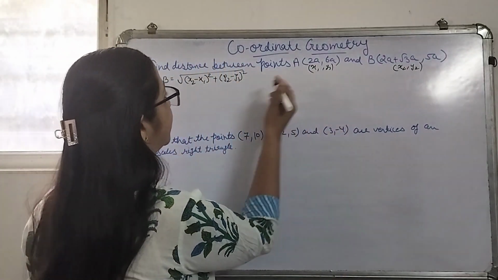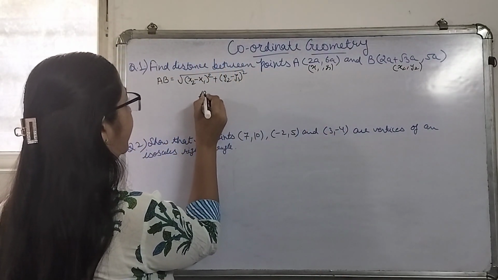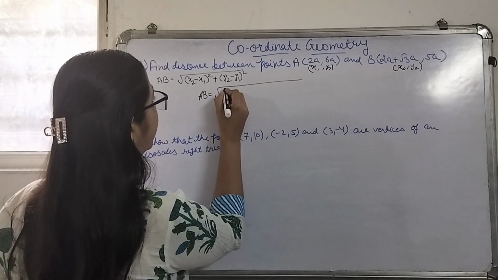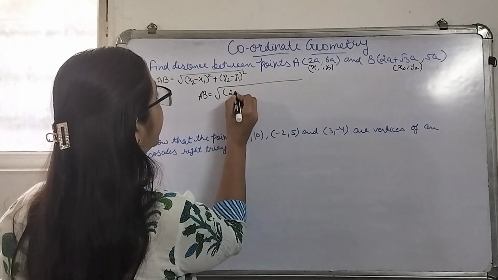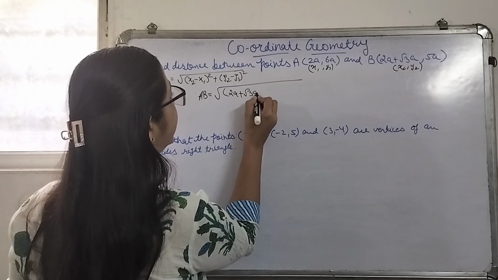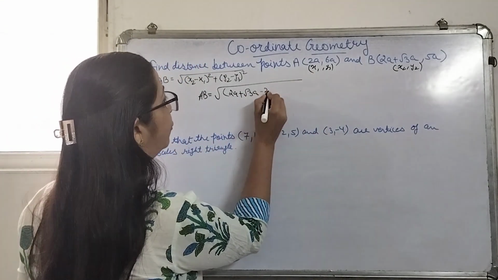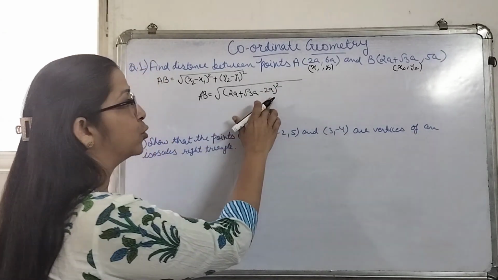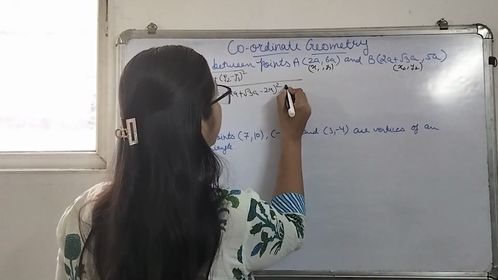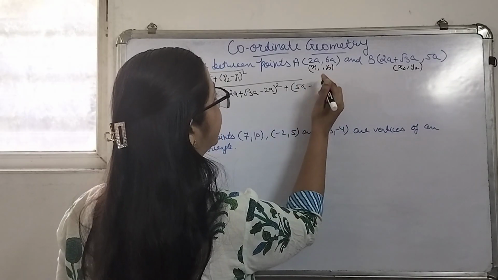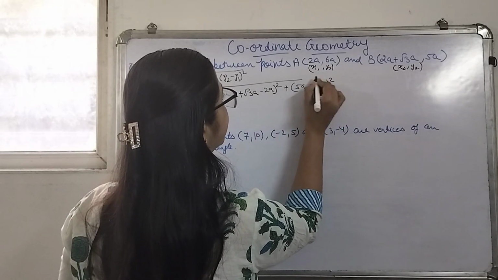Now the distance AB will be root of (x2 minus x1) whole square, where x2 over here is 2a plus root 3a, minus x1, that is minus 2a, whole square, plus (y2, which is 5a, minus y1, which is 6a) whole square.